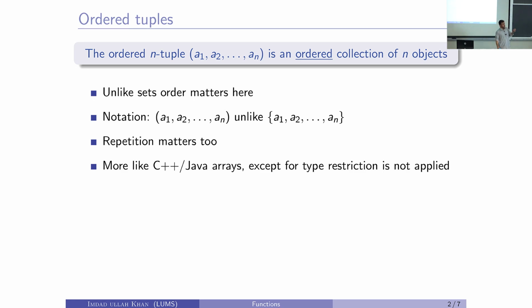It's an ordered collection of n objects. The notation is to write those n objects in whatever order you mean, and put them in parentheses. So order matters and repetitions also matter.